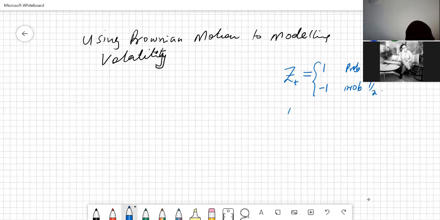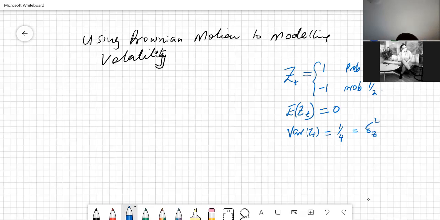We saw that the expected value of Z becomes 0, and the variance of Z becomes 1/4, and we call this just sigma squared of Z.